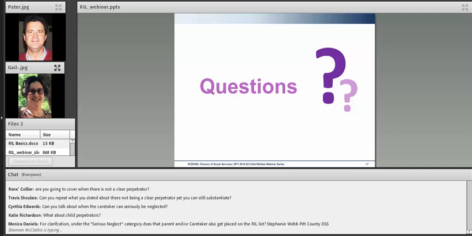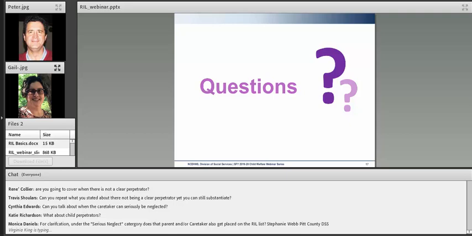And Peter, you can jump in if you want, but to me, that would be the sort of thing where I would want to put both of them on the RAL, one for abuse and one for serious neglect. Yes. And I think that addresses Stephanie's question: for clarification, under serious neglect, does the parent also get placed on the RAL? Yes, if you determine that that parent seriously neglected the child, then you would place them on the RAL.